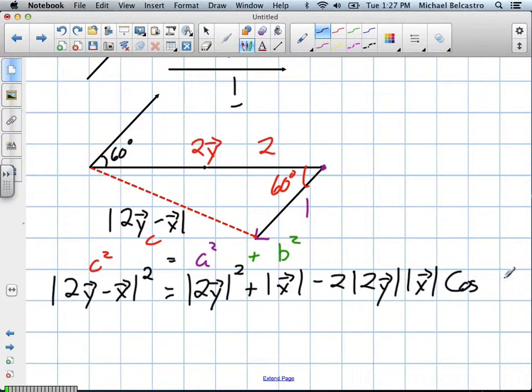We've named it C in this case. That's the same idea as the formula 2 times A times B times cos C.